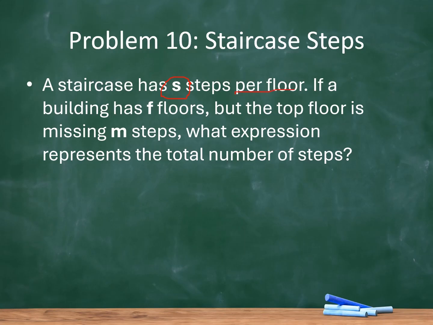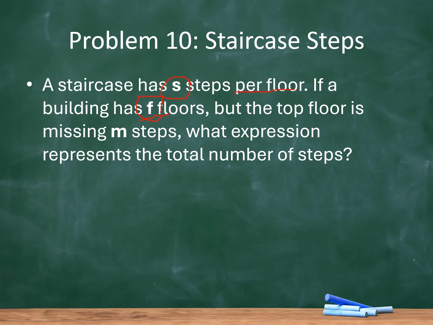If a building has F floors, F would represent the number of floors in a building. We do not know how many floors there are. There could be 3, 5, or 7. We do not know, so we will use a variable F to represent that. So we know that later we will just multiply S and F.